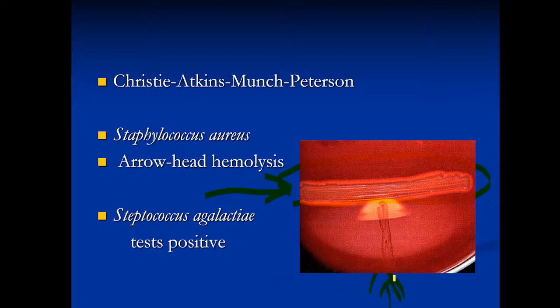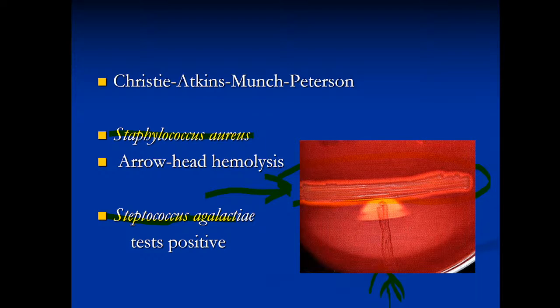Look at the appearance of the test organism. It produces somewhat gamma hemolytic colonies, but with the combination of their growths, Streptococcus agalactiae and Staphylococcus aureus, they would produce this phenomenon, and that is the arrowhead hemolysis that I'm talking about.